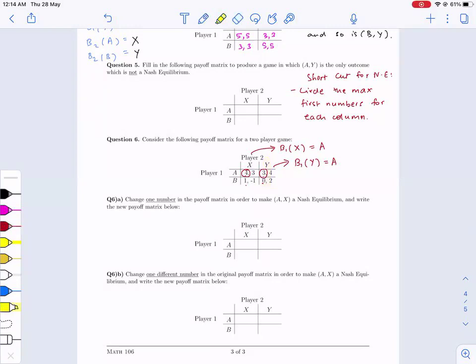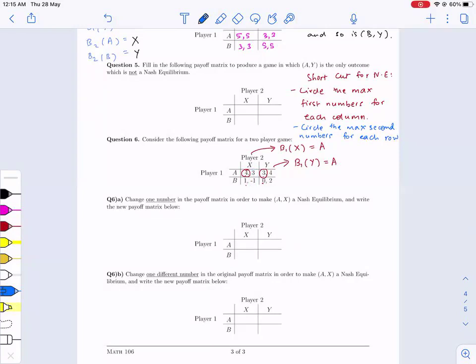Now let's look at the second step. So that involves circling the max second number for each row. And by second number, I mean the payoffs for player 2. So the second entries in these boxes.